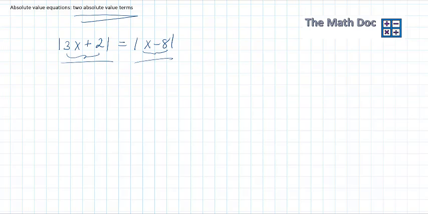Well, on the one hand, we might have that what's inside here, let's call this A. Okay, we have absolute value of A here and absolute value of B here. So we could have a situation where A equals B, right?